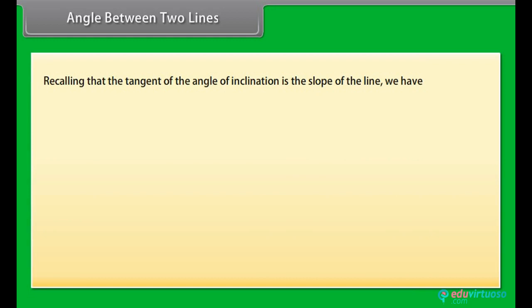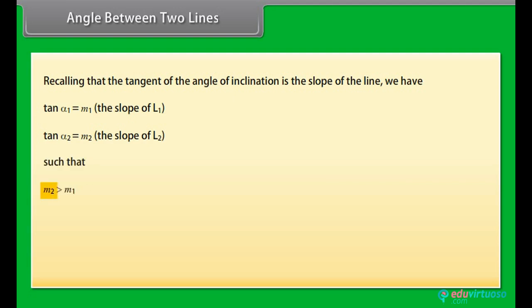Recalling that the tangent of the angle of inclination is the slope of the line, we have tan alpha 1 is equal to m1, the slope of L1, and tan alpha 2 is equal to m2, the slope of L2, such that m2 is greater than m1.